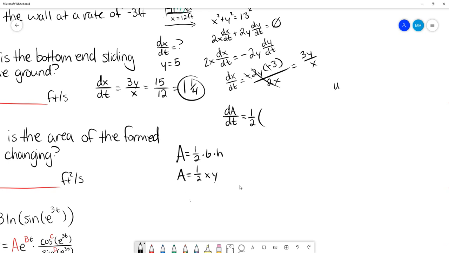Remember that product rule says we have our first value times the derivative of our second, plus the derivative of our first value times the second. So I'm going to have x times the derivative of y, which is just 1 times dy/dt, plus derivative of our first one, so it's going to be 1 times dx/dt, times our second, which is y.